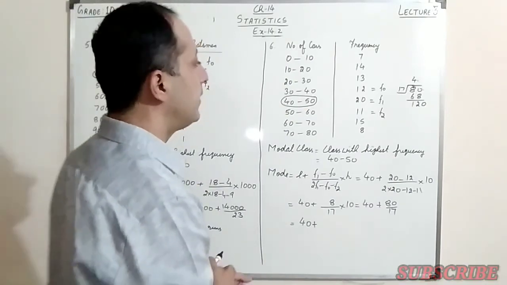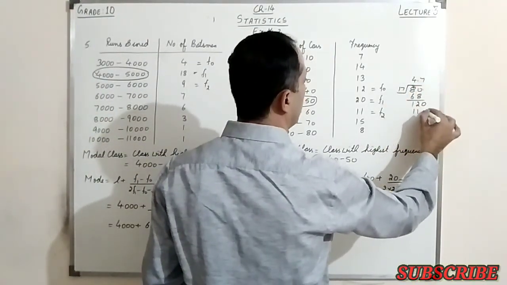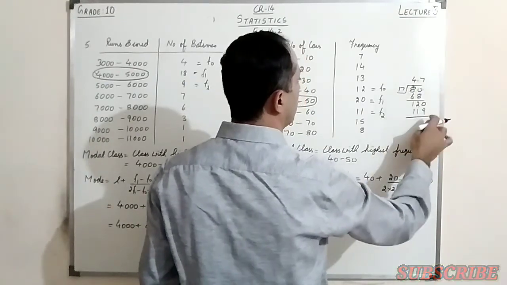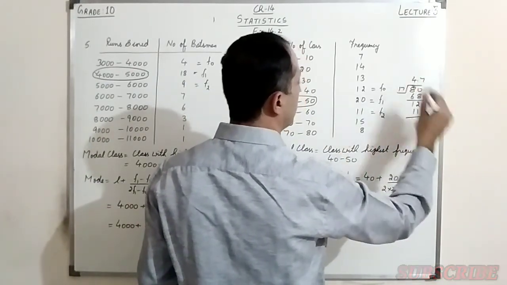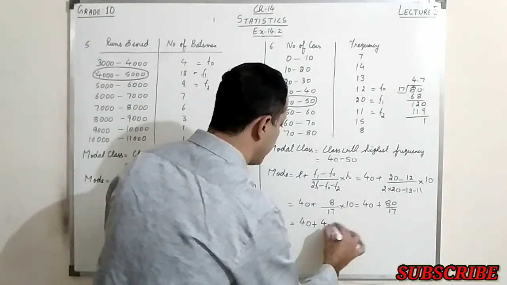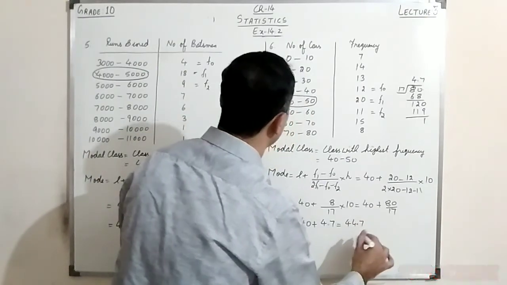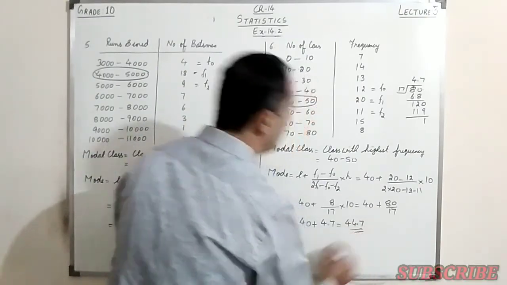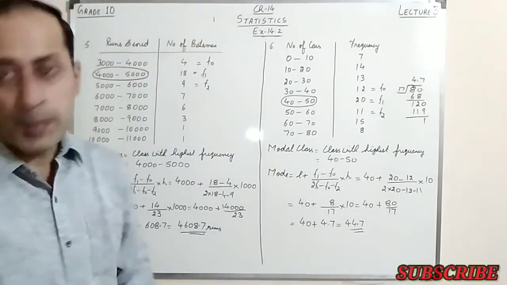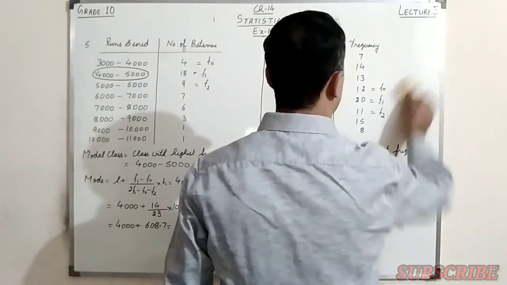So that's 85, 17 goes by 7, 119. Right, this is 1. So we take it as 4.7. Right, so this is 44.7 number of cars passing through a particular point in a gap of 3 minutes.